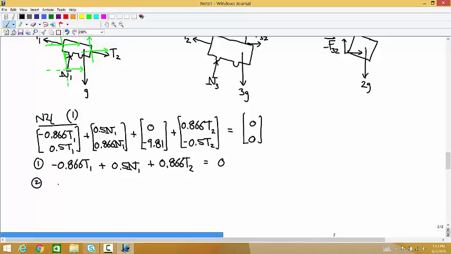And the second one says 0.5 T1 plus 0.866 N1 minus 0.5 T2, and I'm going to put the constants over on the other side. Whoops. This should be positive 9.81.